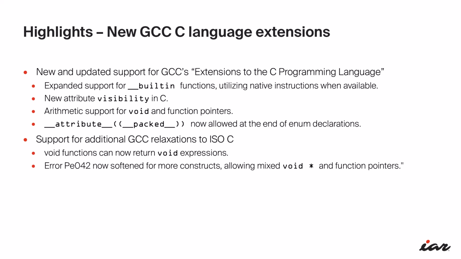The attribute packed is now allowed at the end of enum declarations. We support some additional GCC relaxations to the C standard, and void functions can now return void expressions, and we also allow mixing void star and function pointers in the same way as you are allowed to do in the GCC environment.